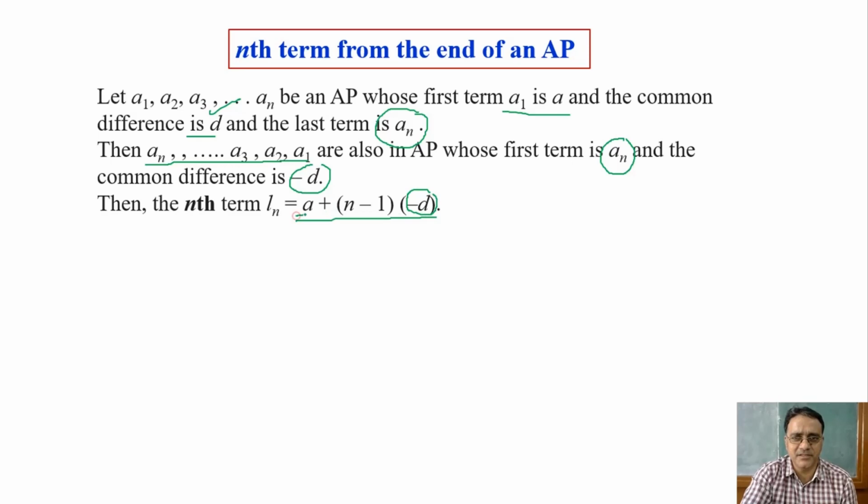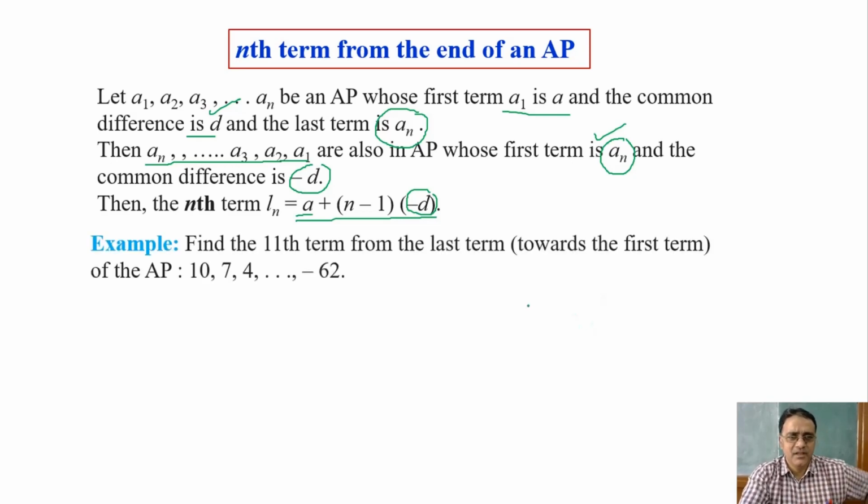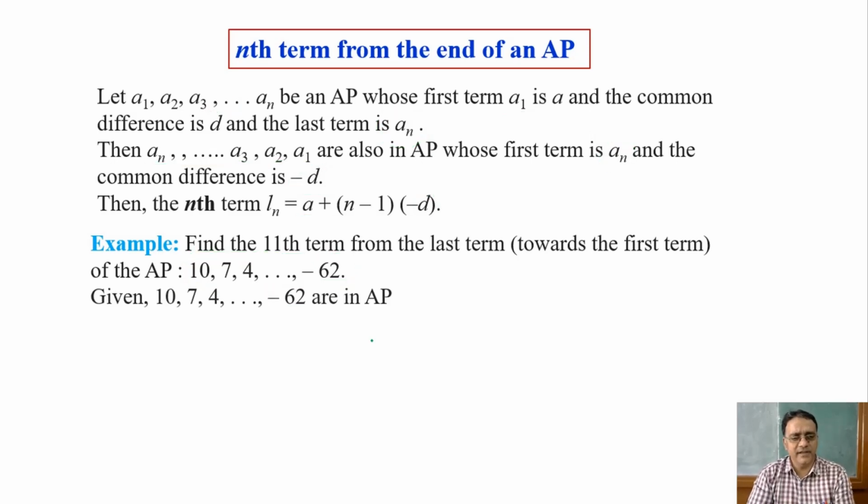ठीक है, यहाँ पे first term क्या होगा? This is the first term. Okay, so I will explain with the help of one example. Suppose we have to find 11th term from the last term towards the first term, or from the end of the AP 10, 7, 4 up to minus 62. Okay, so now if we write in the reverse order, then also it is in AP.